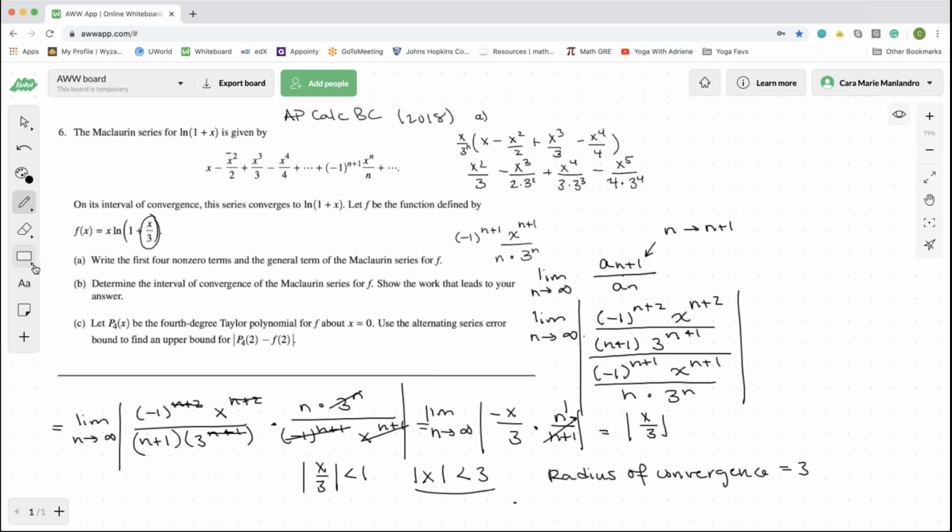All right, I'm going to show you the other approach. I'll do it up here. Okay, the other approach is to say that your interval of convergence for ln of 1 plus x is 1. All right, and so then for our series, this one is going to converge absolutely when that argument is less than 1.